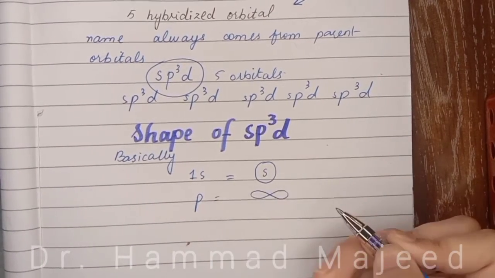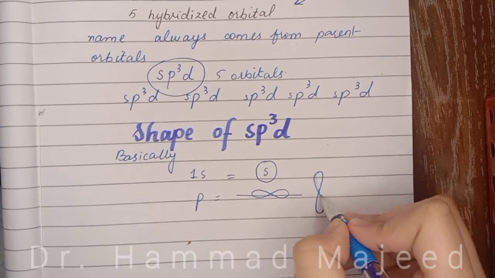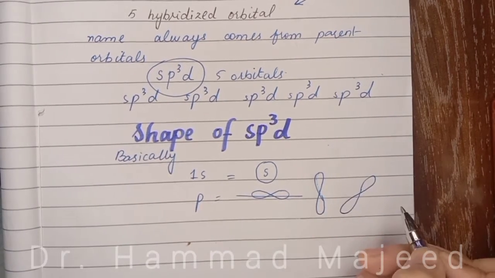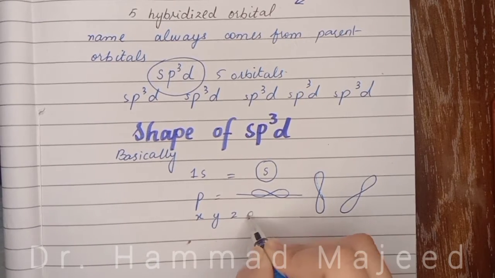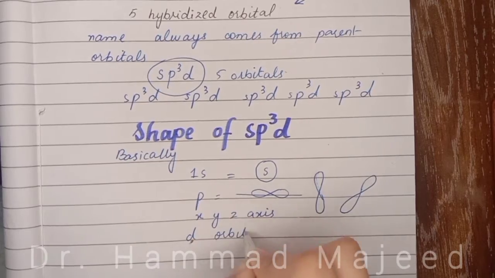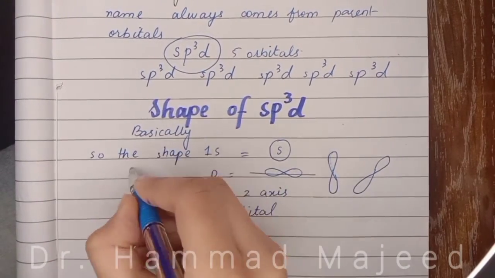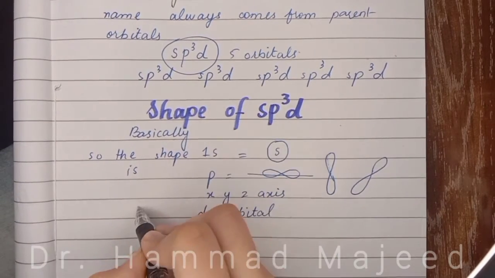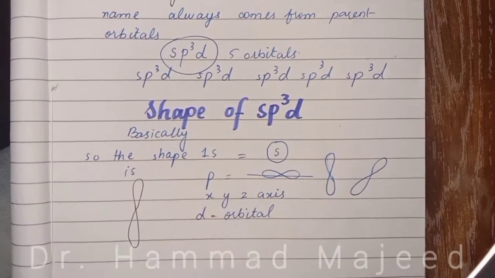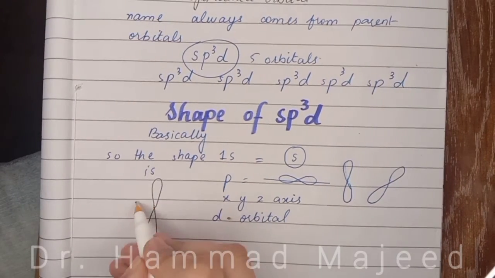The p orbital has 3 shapes, one in the x-axis, one in the y-axis, and one in the z-axis. So when the s, 3 p, and d orbitals intermix and hybridize, the hybridized orbitals will have a shape like this.